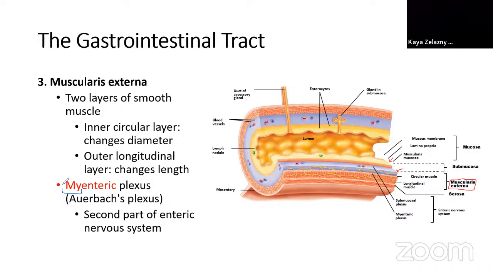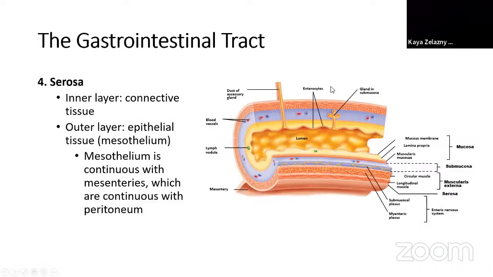Like our myofibrils. Whenever we see this "my," we're thinking muscles. And then enteric tells you it's part of the enteric nervous system here in the wall of the gut. So it's trying to tell you what layer it's part of. It was more helpful back when everybody knew Latin.